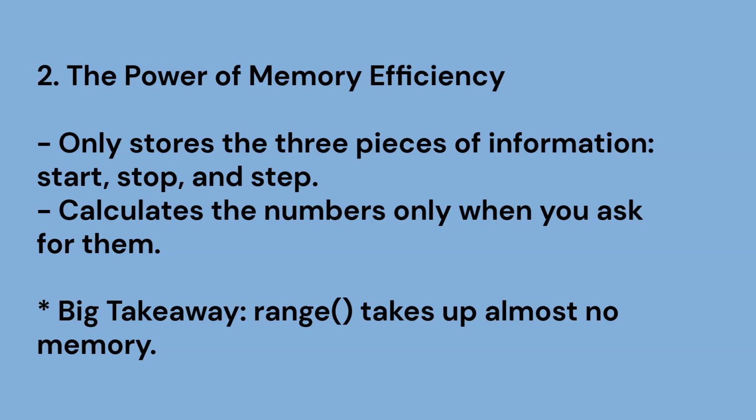It calculates the numbers on the fly only when you ask for them, like when you loop over it. The big takeaway? Range takes up almost no memory, even for something massive like range(10**23). This makes it incredibly useful for generating huge sequences without running out of memory.